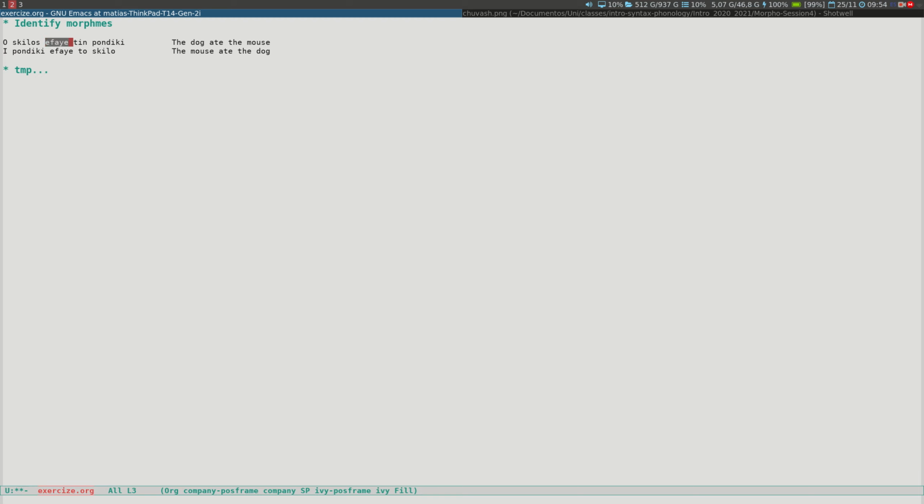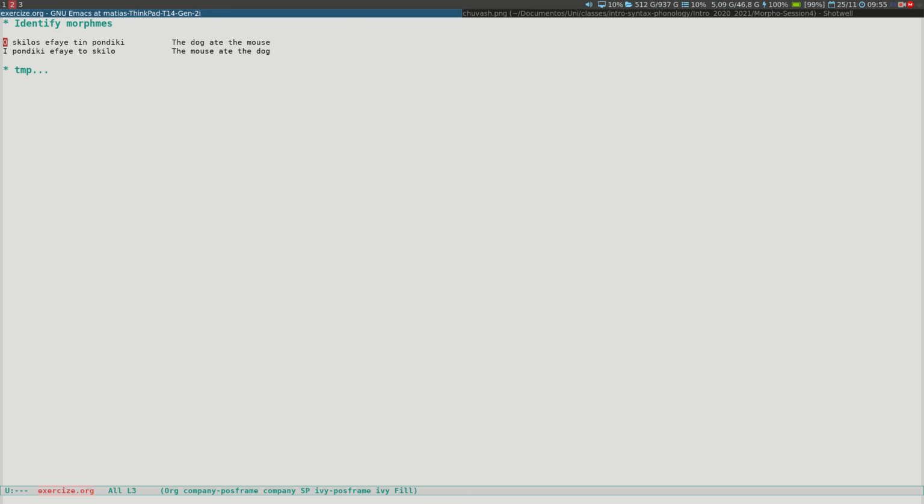And FIA and FIA didn't change, but teen and to did change. If you think a little bit about it, here we have an O after the T, and here an O, and here we have an E, and here an E. So you might start making the hypothesis that maybe those are related, that maybe that has something to do with each other.